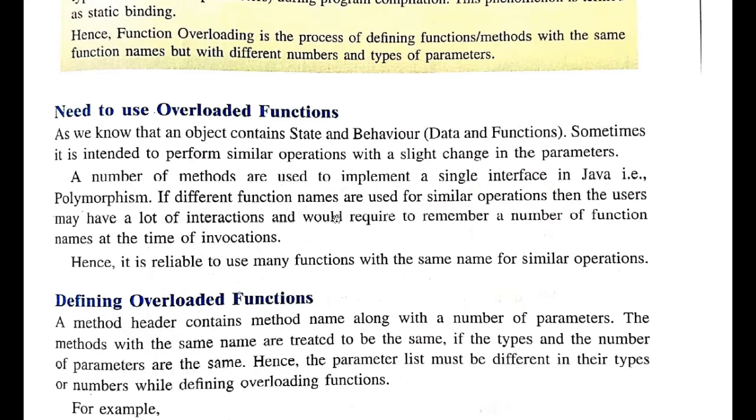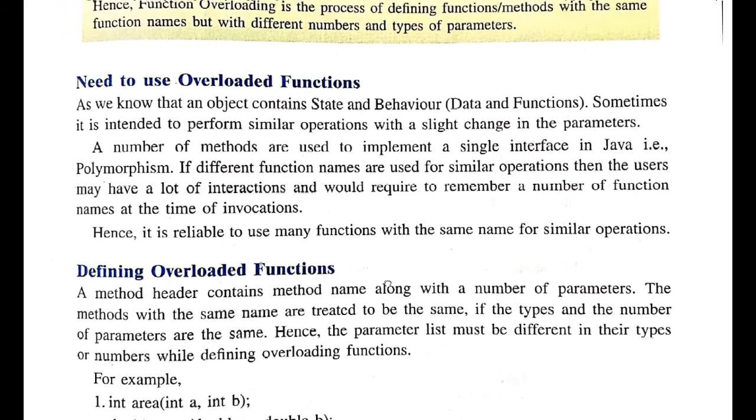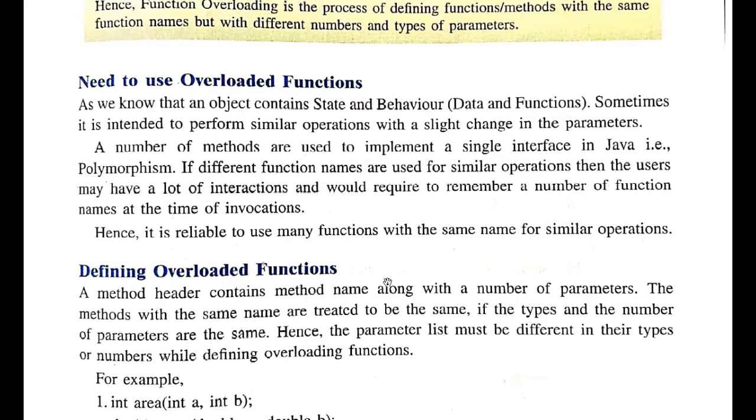Need to use overloaded function. As we know that an object contains state or behavior, data and functions. Sometimes it is intended to perform similar operations with a slight change in the parameters. A number of methods are used to implement a single interface in Java. That means polymorphism.